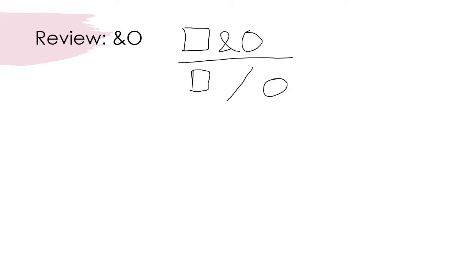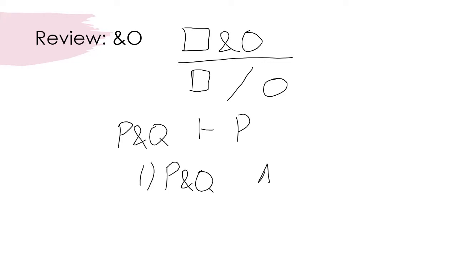Now, ampersand out is just the opposite of what we just did. We go from a conjunction, and then we can write either side of it. So say if we had P and Q, and we were looking to write P, we would just take our one premise here, and we could just separate it out using our and out rule, and that would be all that we would need.